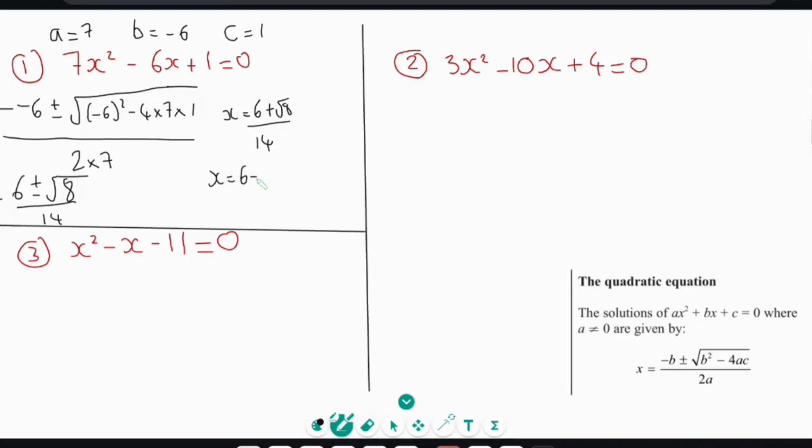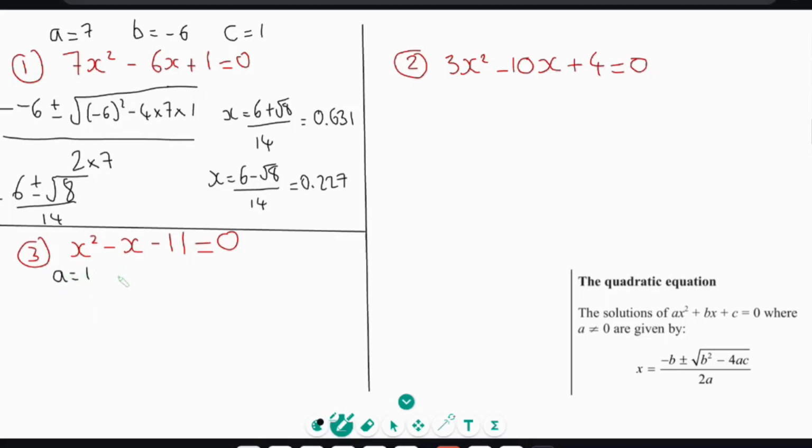Second answer is 6 minus root 8 all over 14. So the top answer, 0.631 to 3 significant figures. And the bottom answer, 0.227 to 3 significant figures.